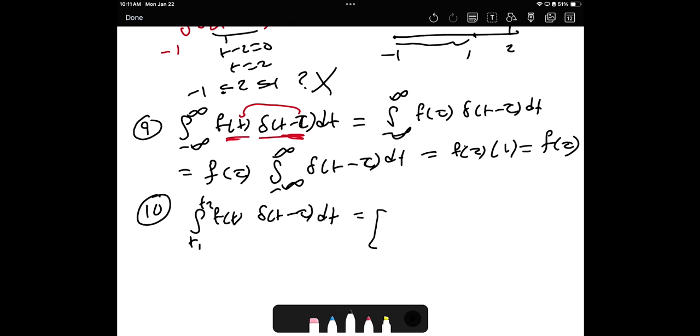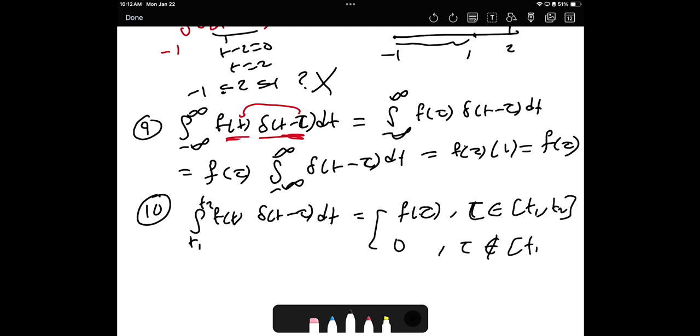So it can be f of tau if and only if tau belongs to the period between t1 and t2, or it can be 0 if tau does not belong to the period t1 to t2. Which is the same as whether the integral includes that arrow or not.